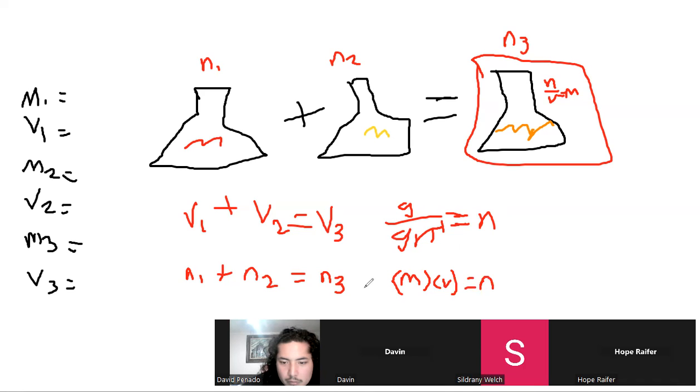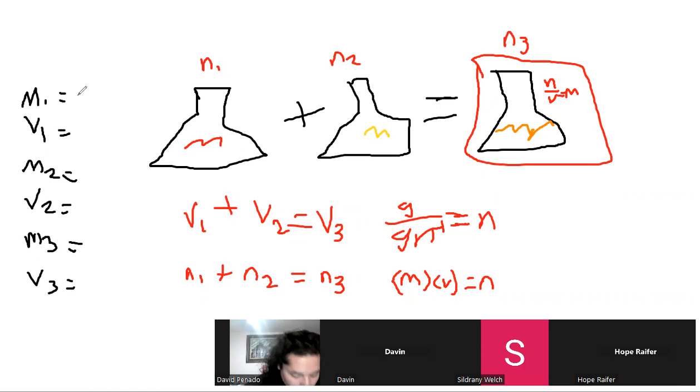So 1.80 times 0.04, and then 0.808 times 0.0215, and then that together equals N3, the moles of each. That's why I wanted to do the list.